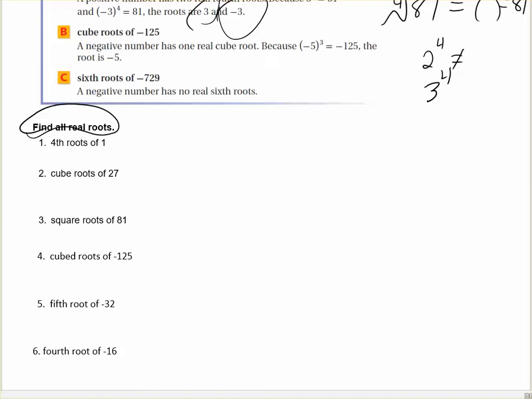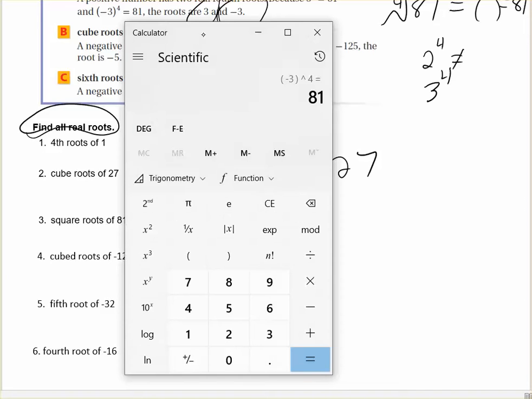Let's do the cubed root of 27. You can write it as a cubed root if you want, or you can just think about what that means. It means what number to the third power is equal to 27. So again, you can just try some numbers on your calculator.